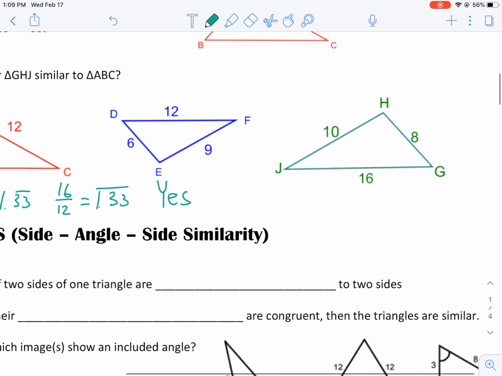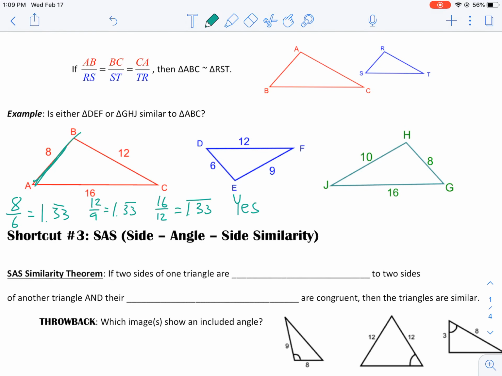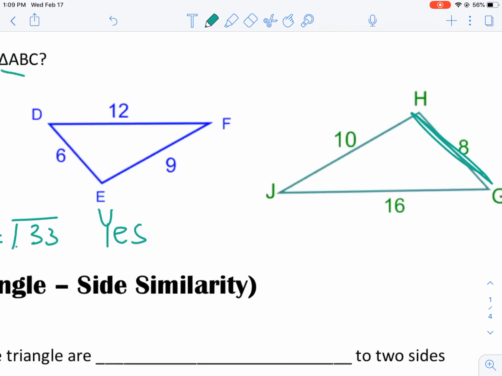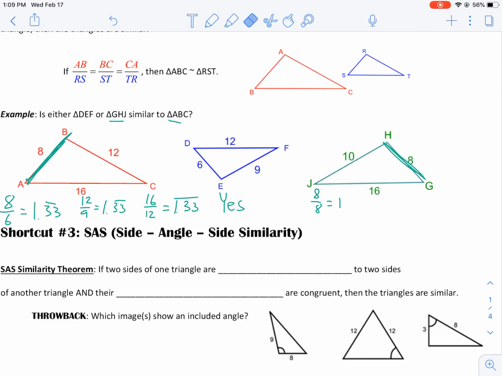The other one we're going to look at is JHG, and we're going to do the same thing. If we look here, we've got AB. AB matches up with GH, and GH is actually the same number. It's also 8. So our ratio for that one is going to be 8 divided by 8, which equals 1. Now we want to check the next one, BC.